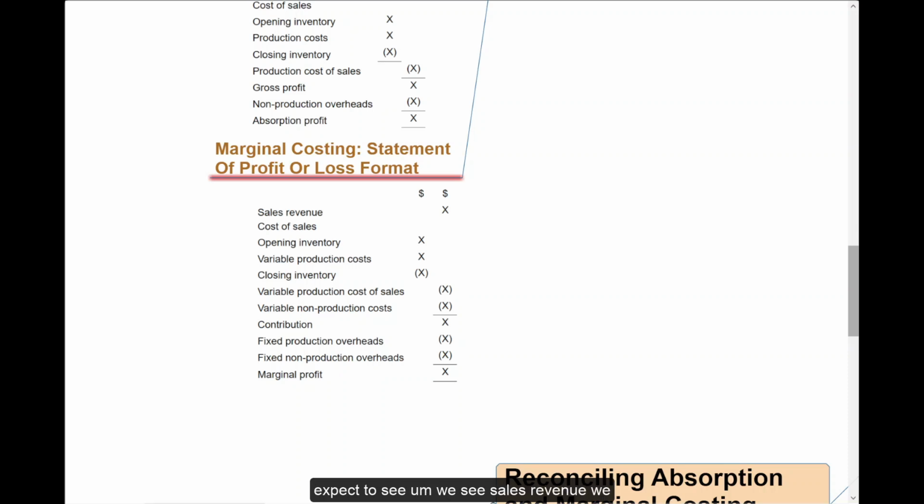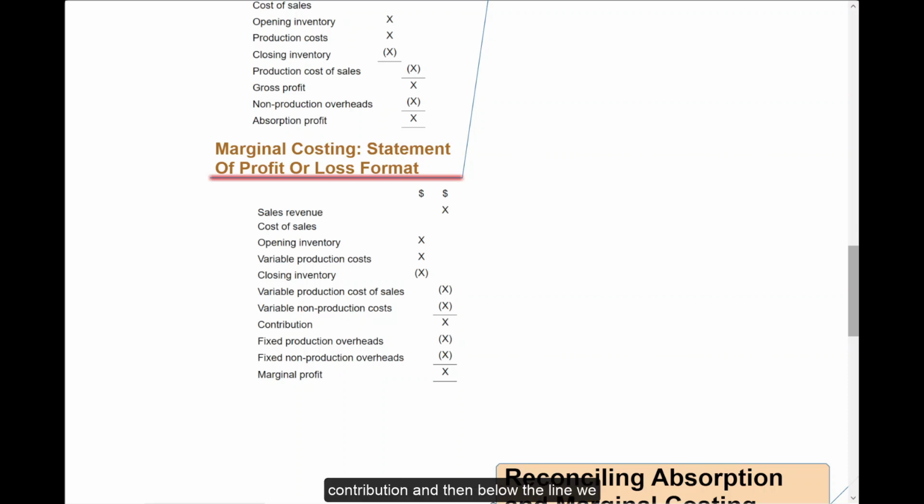Now, marginal costing, statement of profit and loss account, again, sort of what we expect to see. We see sales revenue. We see cost of sales, as you'd expect: opening inventory, variable production cost, closing inventory. Note, we see a variable production cost of sales, and we see variable non-production costs being deducted, in other words, all variable costs, giving us our contribution.